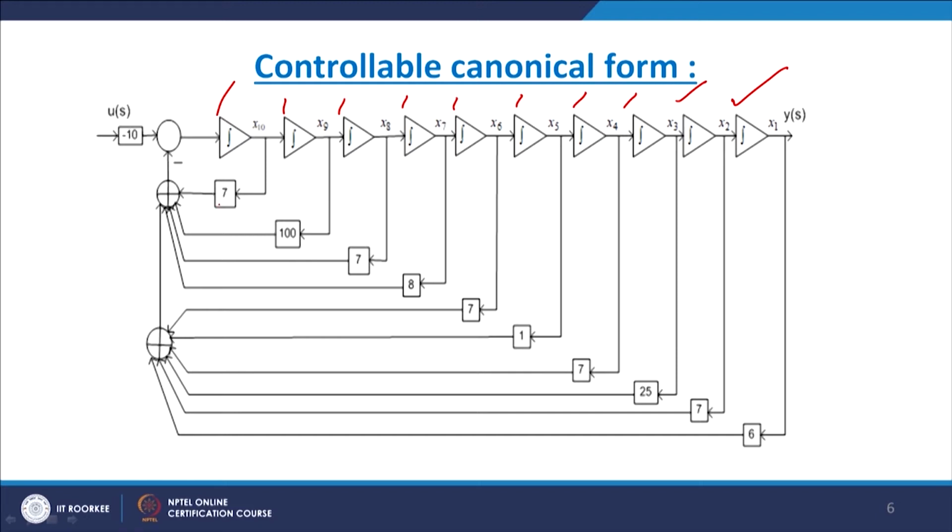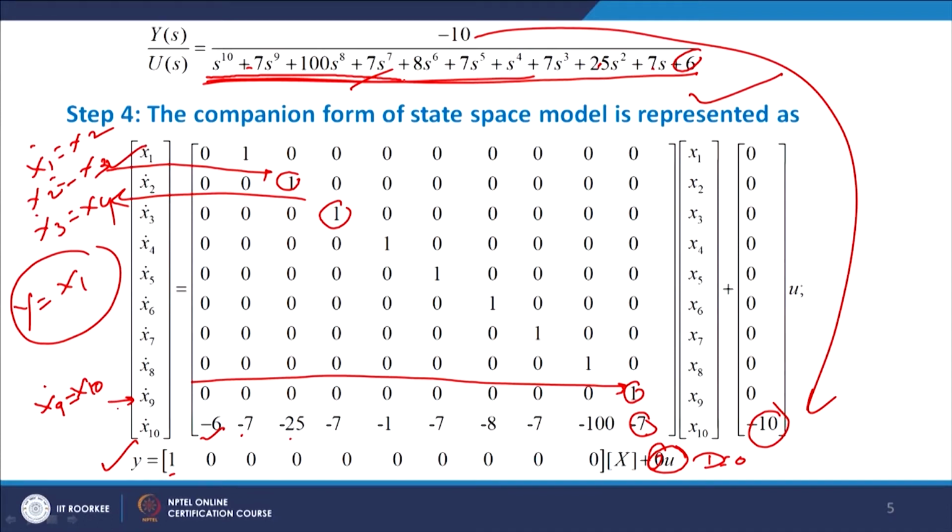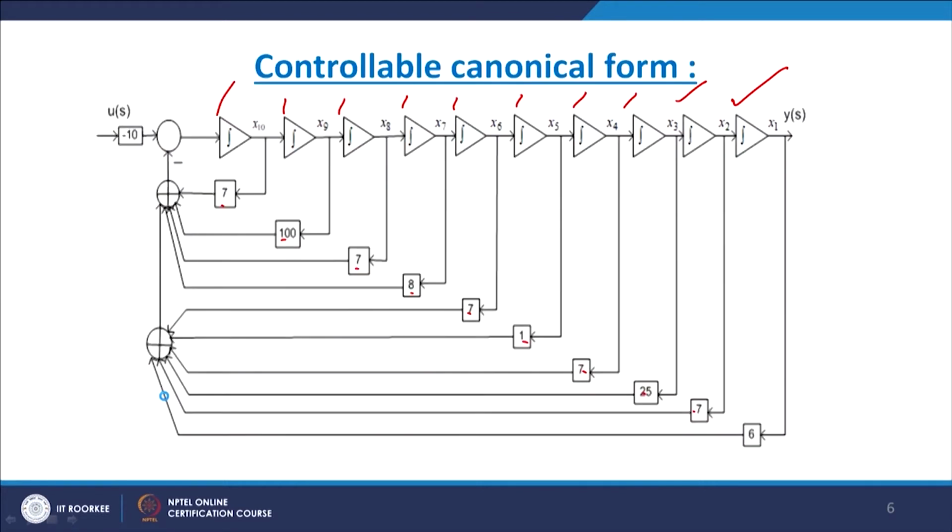And see here these elements 7, 100, 7, 8, 7, 1, 7, 25, 7, 6. You will find that these elements are nothing but the coefficients of the denominator. So, we have represented it like this. This corresponds to x10 dot. So, x10 dot equals 7x10, 100x9, like this.